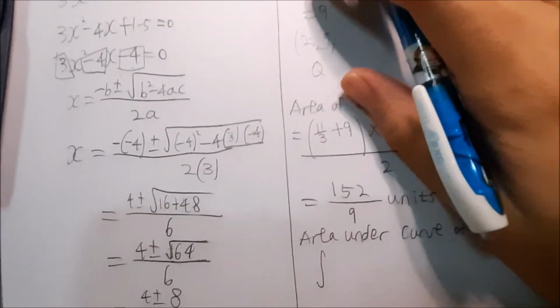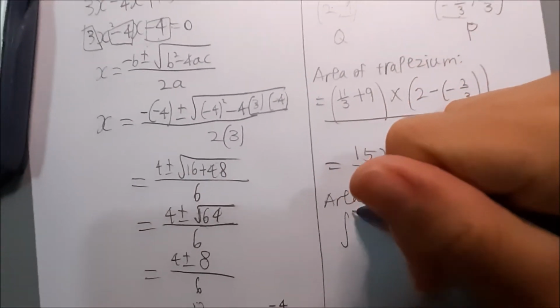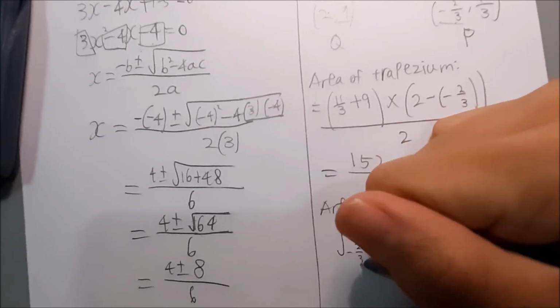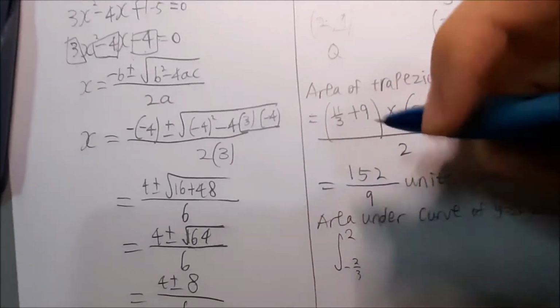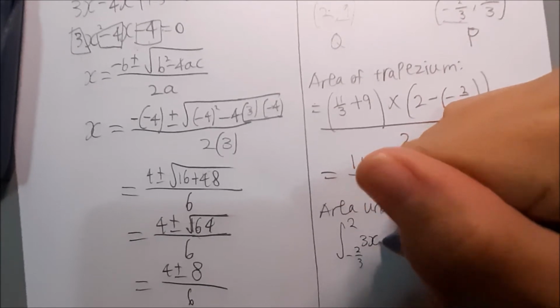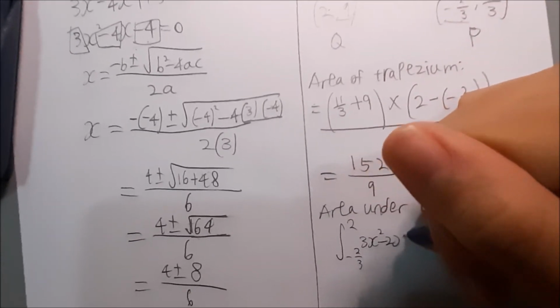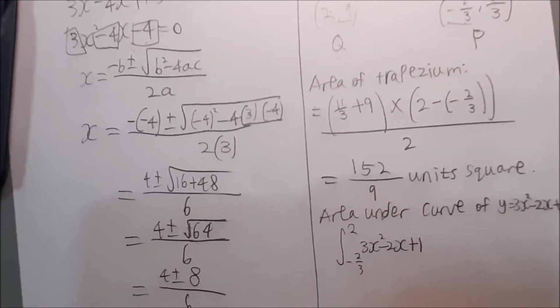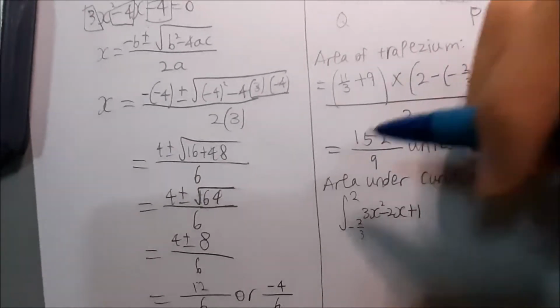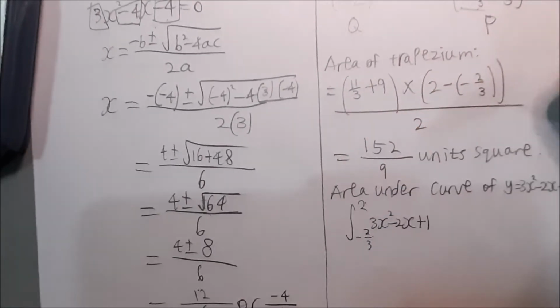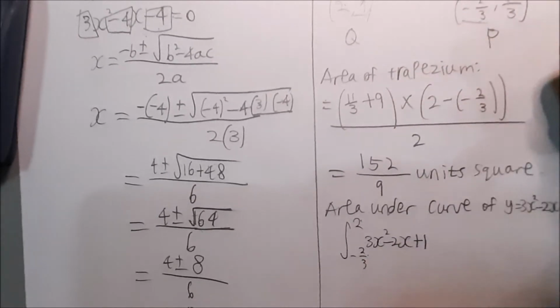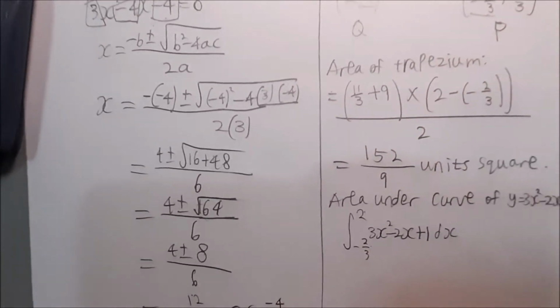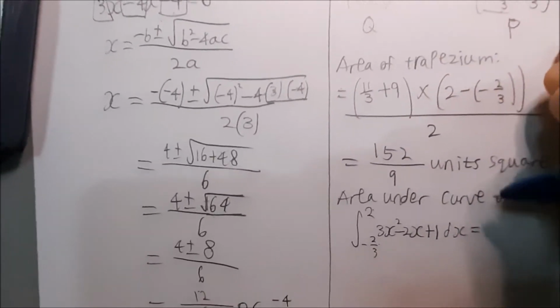The bigger number always goes to the top and the smaller number always goes to the bottom. And from here you just write the equation 3x squared minus 2x plus 1. Don't include the y, because this is for x values, not the y values. And now you can write dx equals 2.